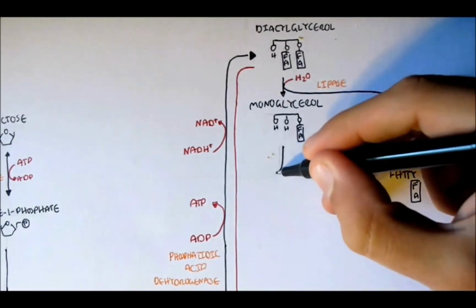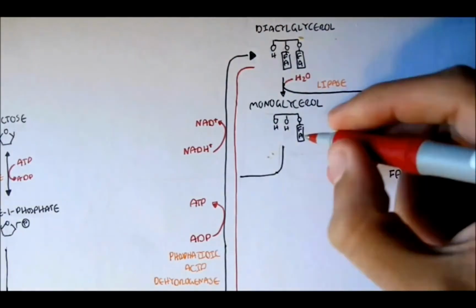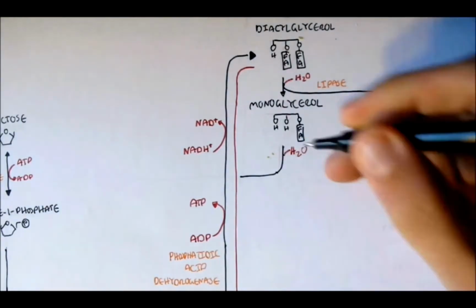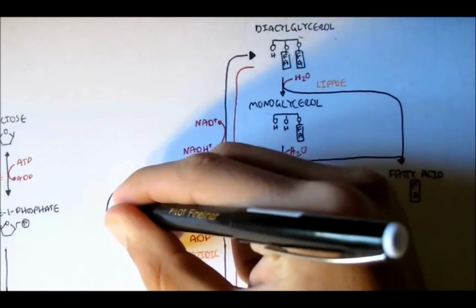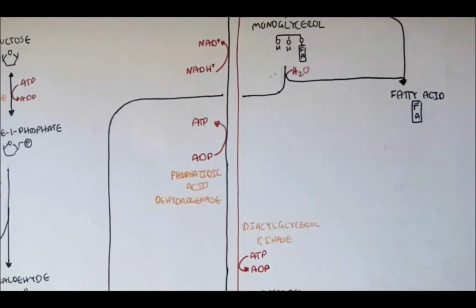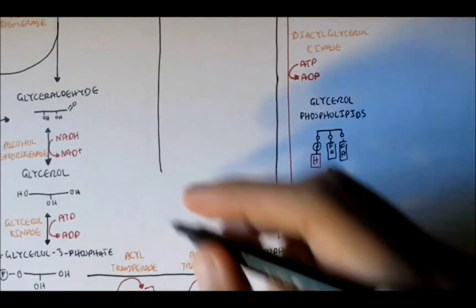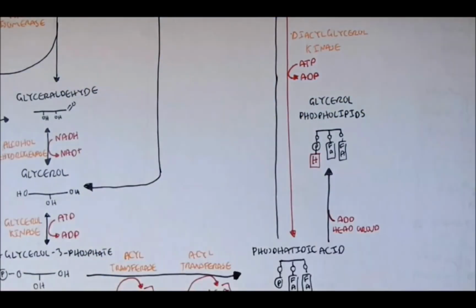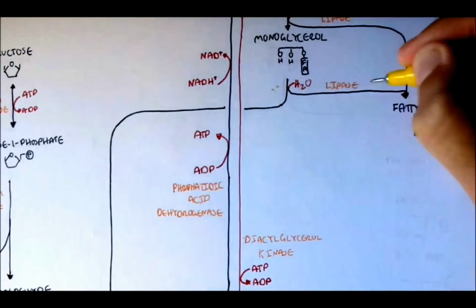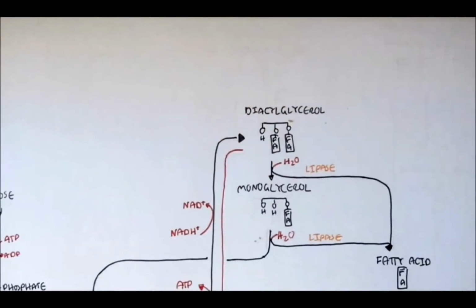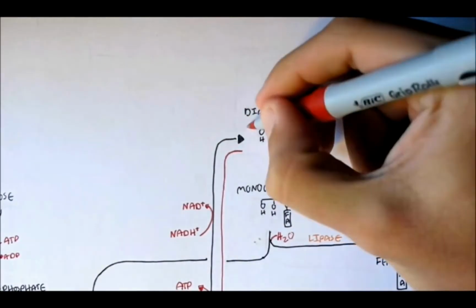This reaction is carried out by a special class of enzymes known as lipase. If the monoglycerol is hydrated again, it will break into a fatty acid and glycerol, because monoglycerol is formed by one fatty acid and one glycerol. The enzyme responsible for this, as we mentioned, is lipase, through a hydration reaction.